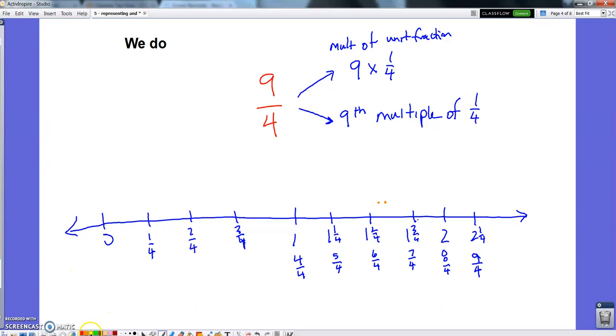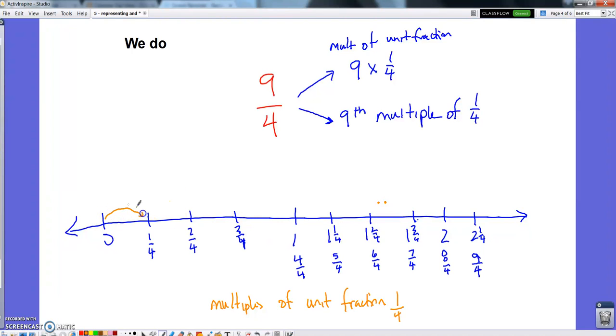And so this number line, now when I write them out like that, shows me multiples of the unit fraction 1/4. That's all the first 9 multiples of 1/4.